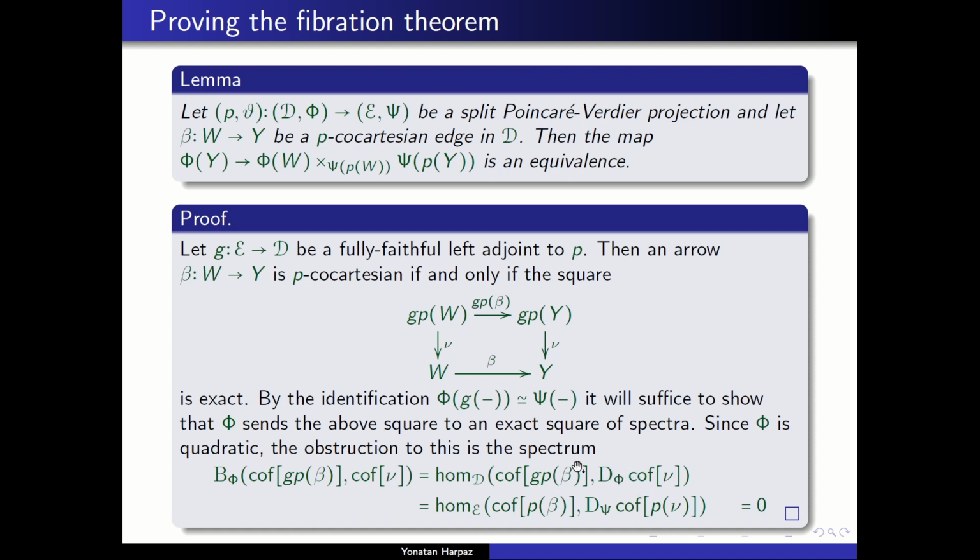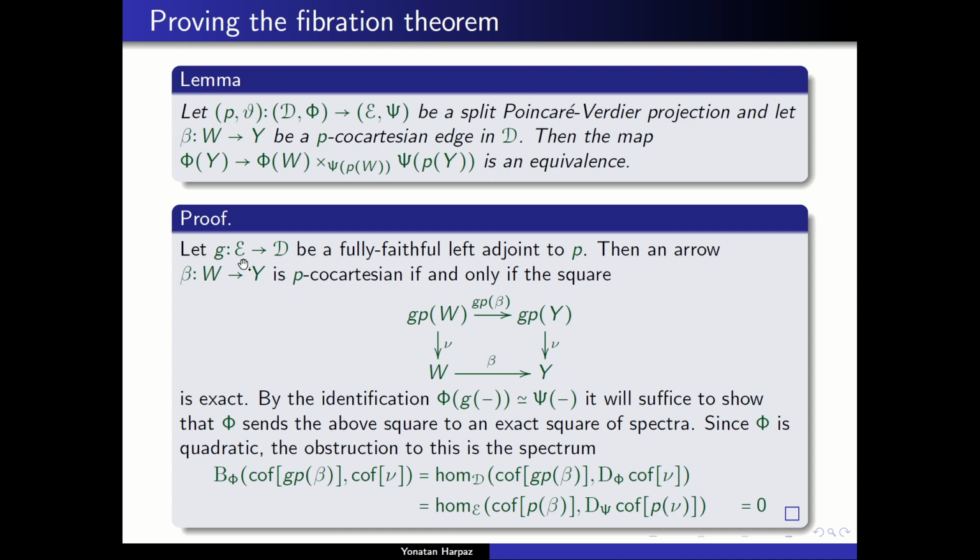Now, when we move G to the other side and replace it with P, it can also be pushed forward against the duality because P is a Poincaré functor, so it commutes with the duality. So we can push it all the way to the cofiber, and we obtain that this mapping spectrum is the same as the mapping spectrum in E between the cofiber of P of beta to the dual of the cofiber of P of the counit.